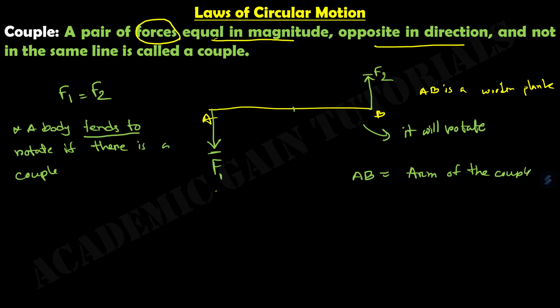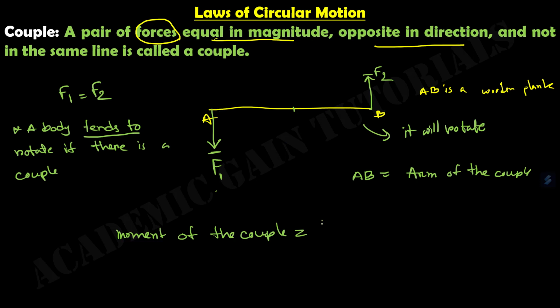The moment of the couple is measured by the product of one of the forces and the perpendicular distance between the forces. How can we find the moment of the couple? To determine the moment of the couple, we take one force because these forces are equal.